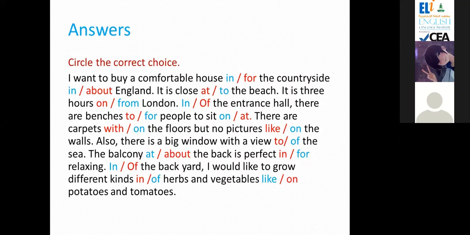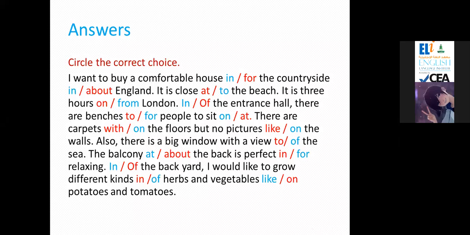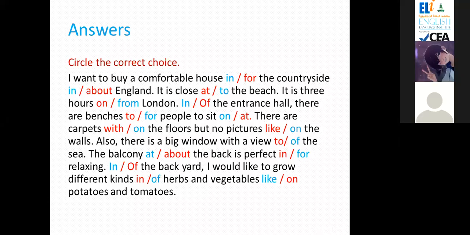There are carpets on the floors, but no pictures on the walls. Also, there is a big window with a view of the sea. The balcony at the back is perfect for relaxing. In the backyard, I would like to grow different kinds of herbs and vegetables like potatoes and tomatoes.